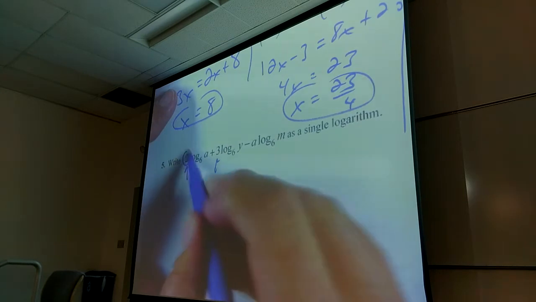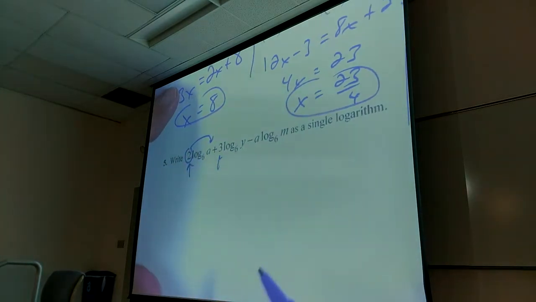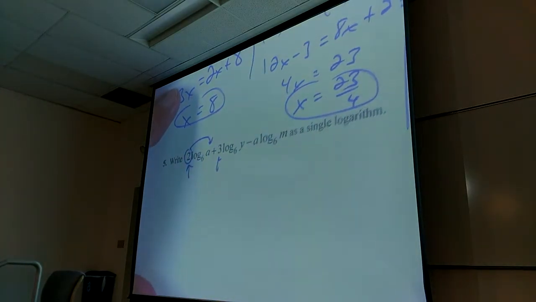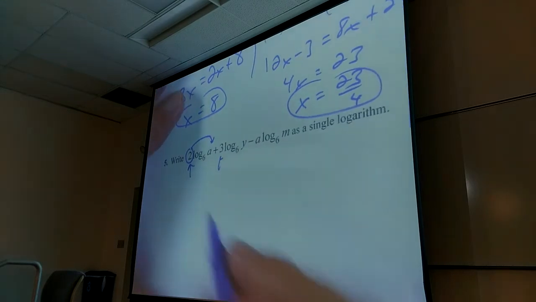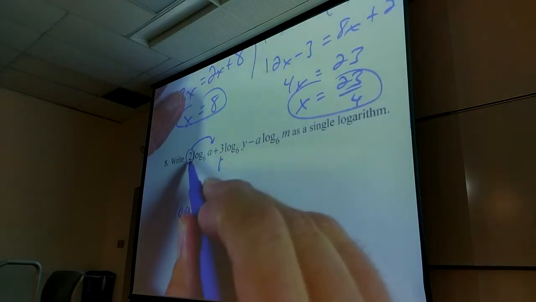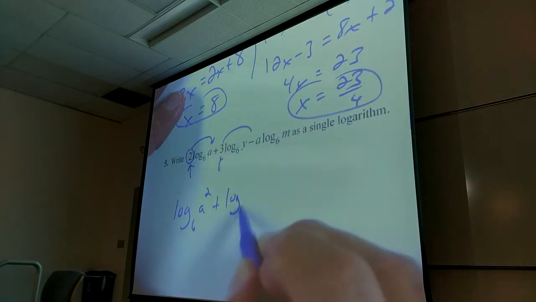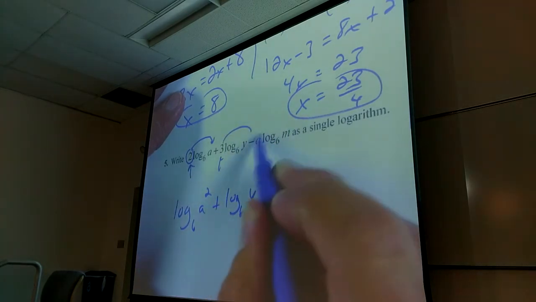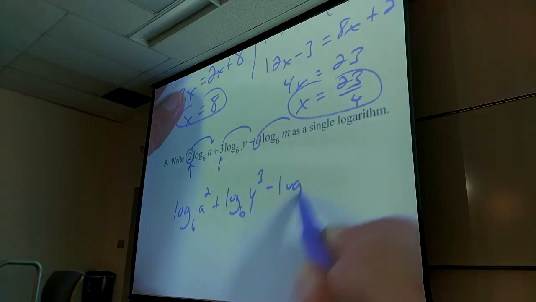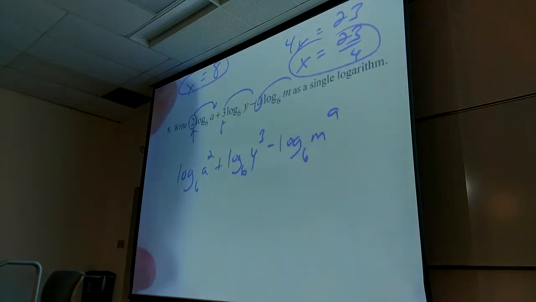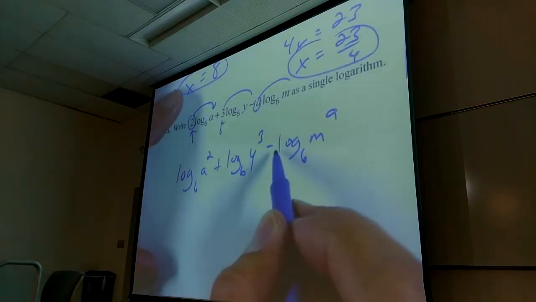I just bring them back to where they were. Somebody must have taken them down, so I just put them back up, because that's the property logs have: that goes back up, that goes back up, that A goes back up. And now I can use that addition and subtraction property.